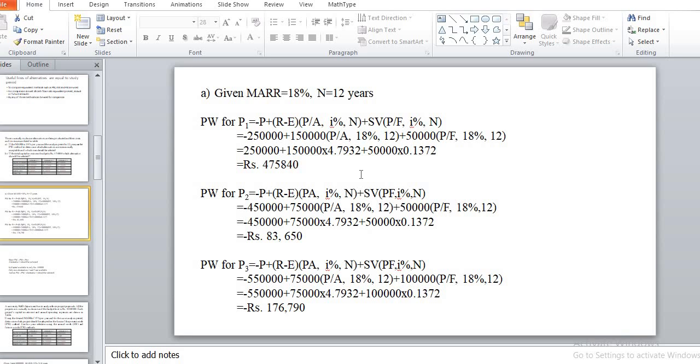So the present worth for P1 is represented like this: minus P, the investment for project P1, plus R minus E, which is nothing but the revenue.